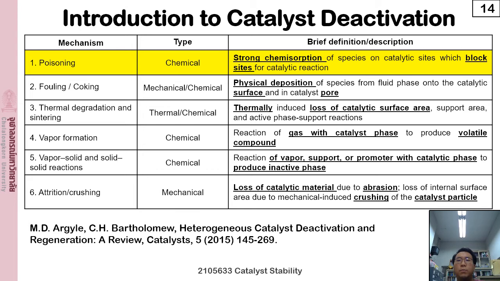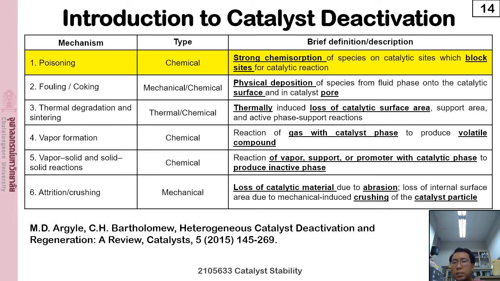So what happens if you block the active site? The active site is the main region for the reaction to proceed. When your reactant comes in, it needs to react at the active site to form products.